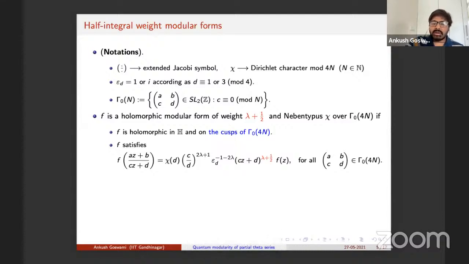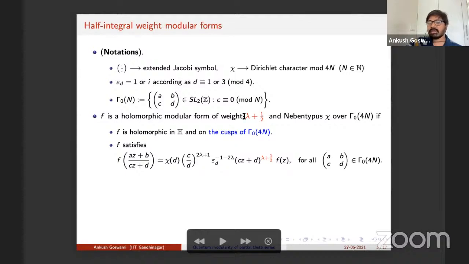And you can similarly define a modular form of integral weight. That means if you replace lambda plus 1/2 by an integer, then you can define a holomorphic modular form of weight, let's say k, and Nebentypus chi over gamma sub 0 4n if it is holomorphic in the upper half plane and on the cusps of gamma sub 0 4n. So in the integer weight case, you don't need gamma sub 0 4n. Only when the weight is half integral, you need gamma sub 0 4n.